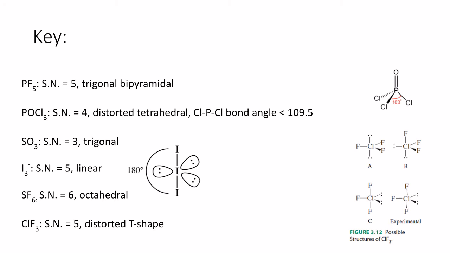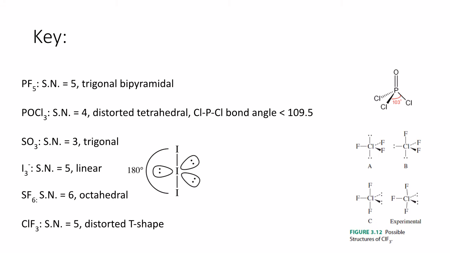Now, the ideal structure for steric number 5 is trigonal bipyramidal, but this structure is not symmetrical in the sense that it has 2 lone pairs and 3 bonding pairs, so we have to think about where the lone pairs are going to be. Now, if you look at the right-hand side of the slide, there are 3 possible candidates, with different ways of placing the lone pairs.